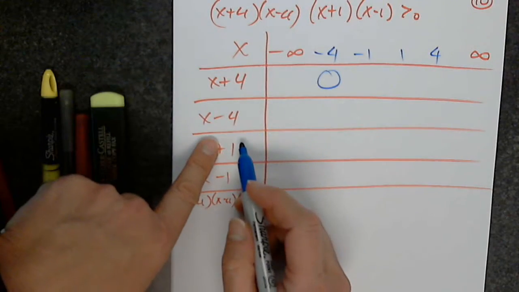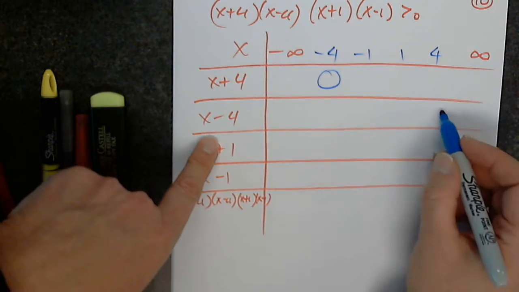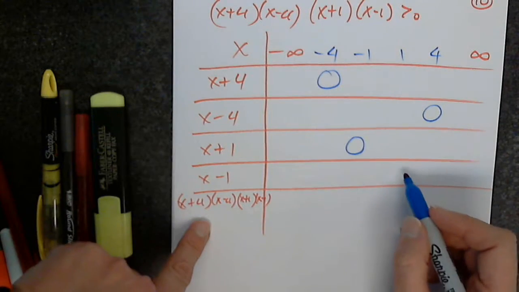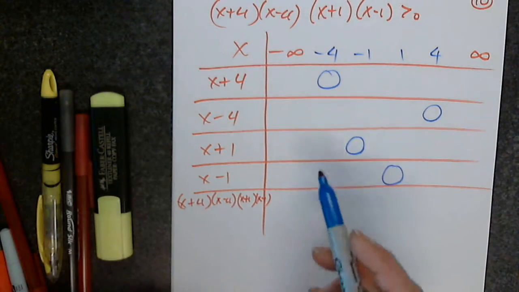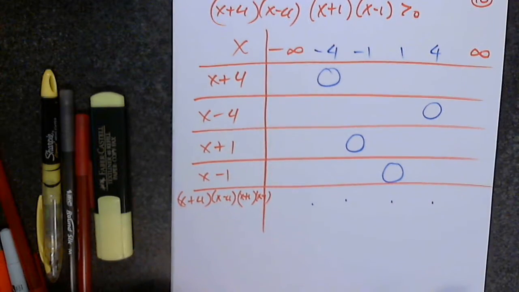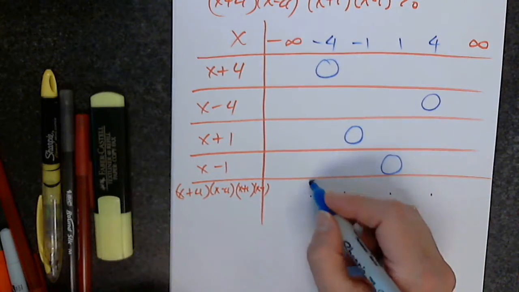Where is the 0 in the second column? The next one? And the last one. What happens when x is -4, -1, 1, and 4? Yes, the product will be 0.